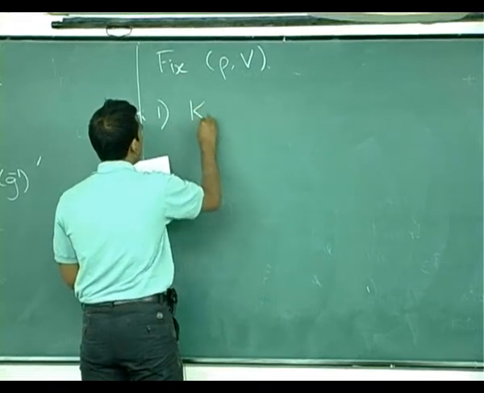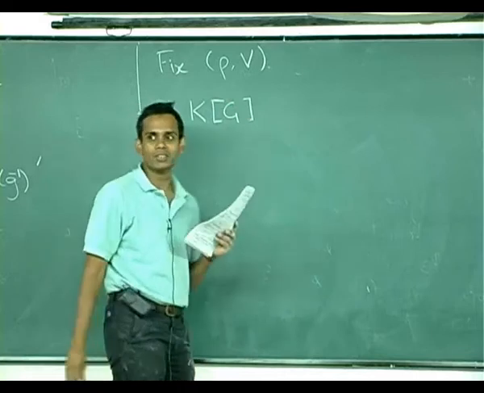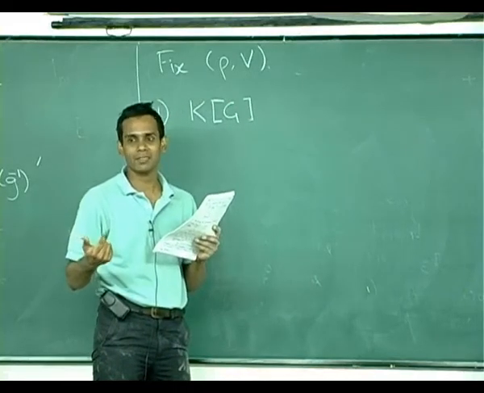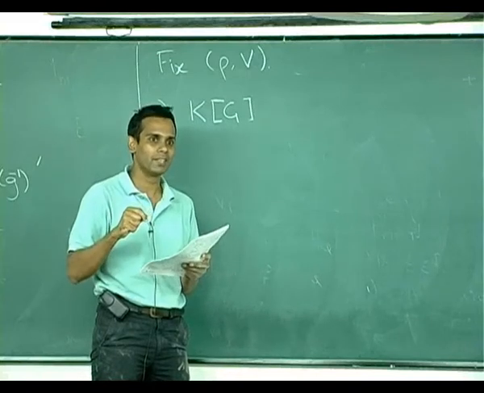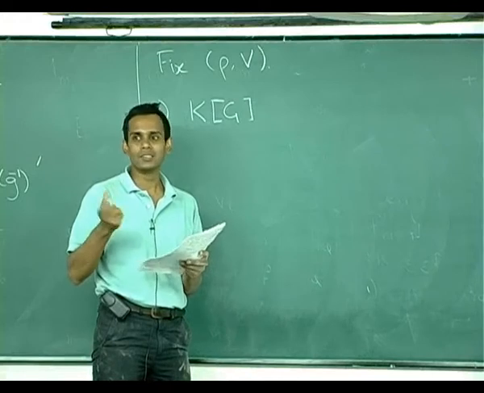Firstly, I can think of KG as a representation of G cross G. I've already mentioned this before. There's the left regular representation and the right regular representation. One comes by left multiplication, the other comes by right multiplication. These two actions commute.